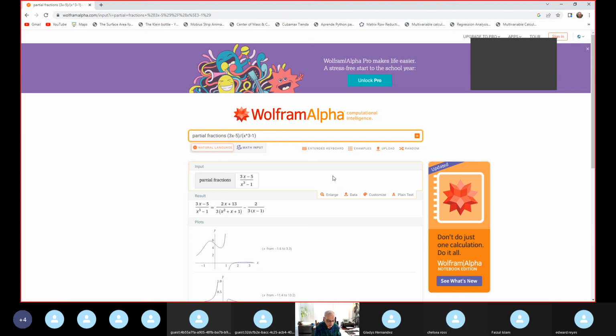This answer is equivalent to the answer we got before, which took us 20 minutes. It's minus 2/3, look at that, minus 2/3 times x minus 1. And the coefficient b was 2/3. Okay, copy here, 2/3. And the other was 13/3. Do you see that? Do you see it's an equivalent answer?